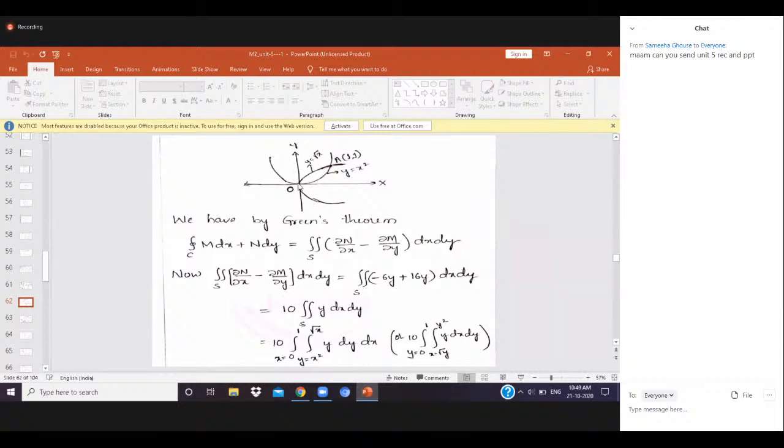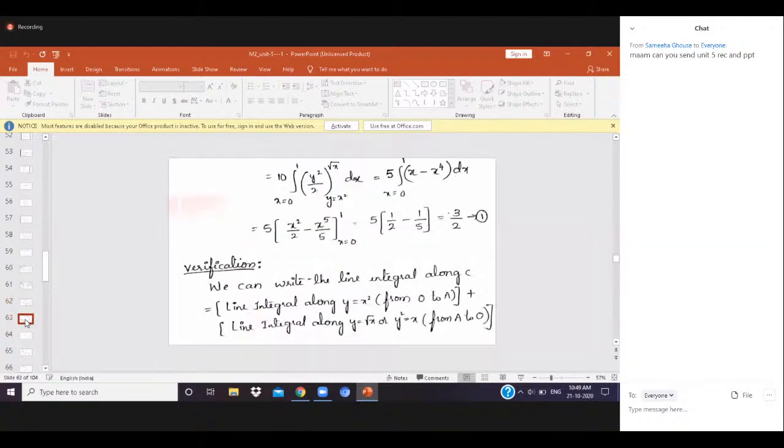Then this area lies within the limits from the origin to A = (1, 1), so x varies from 0 to 1. Inside, we integrate y dy first, then dx, because y is the varying limit. Integrating, we get the value 3/2.